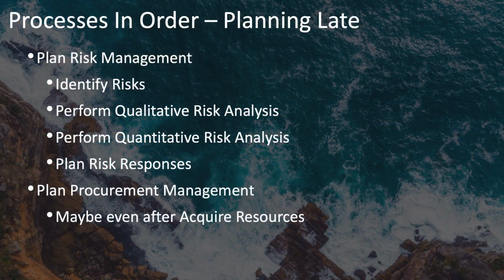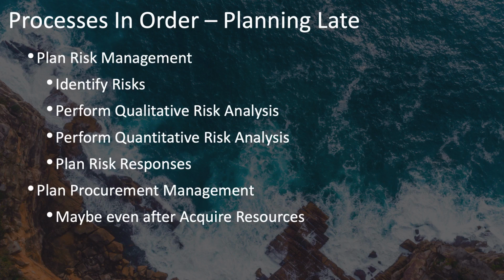Then the next thing you'll want to do is plan risk management. Identify risks, perform qualitative risk analysis, perform quantitative risk analysis, and plan risk responses. Actually, this is probably the best point to do risk planning, whether you're doing your risk management plan early or late, because it's only after you've come up with your scope and your schedule and your costs that you're in the best position to really identify the risks.